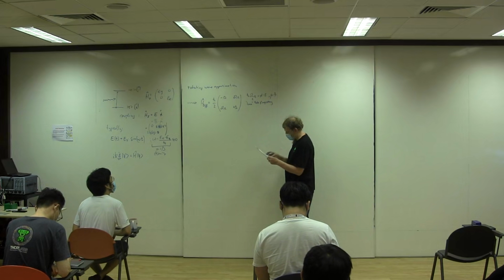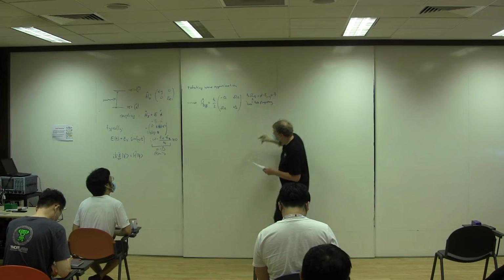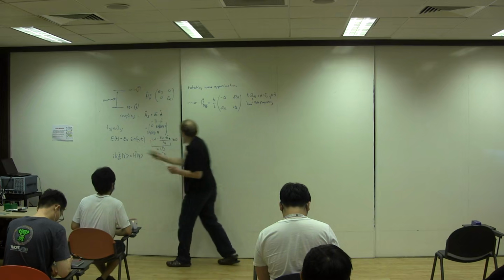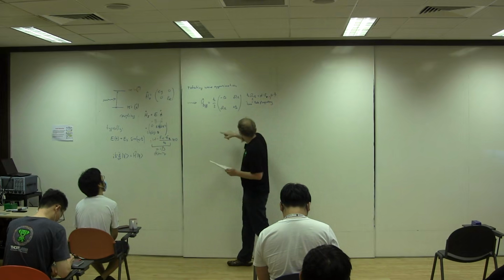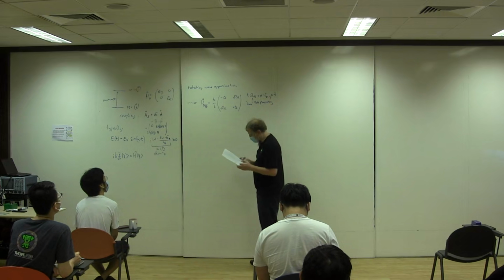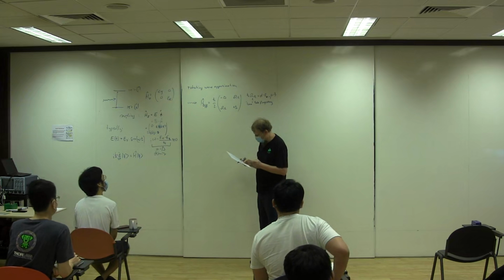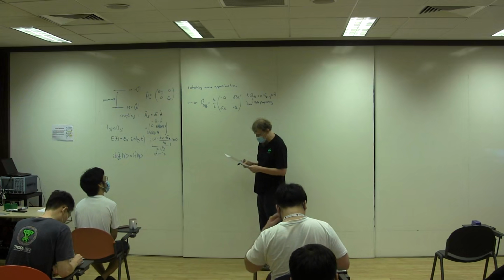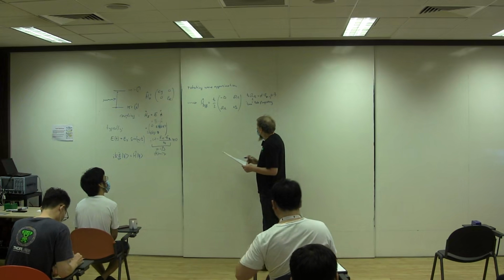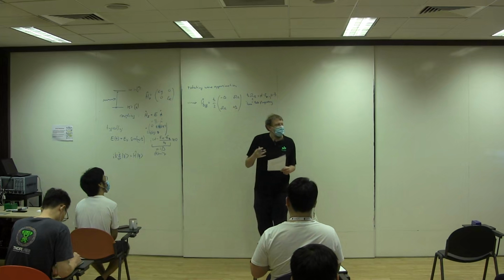Well, I should write E0 here, because I have the field amplitude E0. So this is the field amplitude and the electric dipole moment, and I then get a Rabi frequency here. Now, the detuning I have introduced already, and the electric field I have written down there. So this becomes a relatively simple problem to solve.